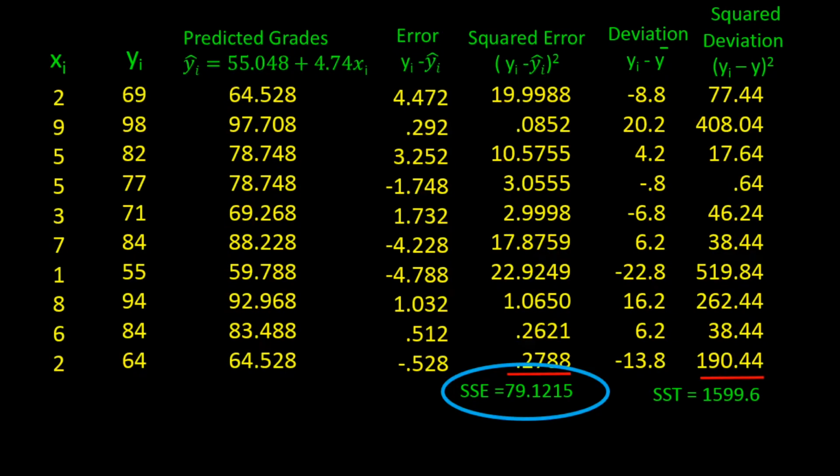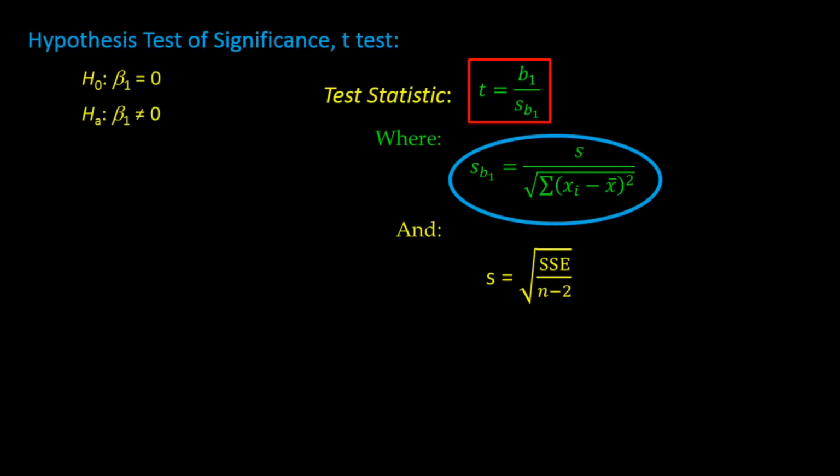Now to get s, we take the square root of SSE divided by n minus 2, and that is 79.1215 divided by 10 minus 2, which is 3.1449. So now we have s, we are ready to get sb1, the standard error for the slope.